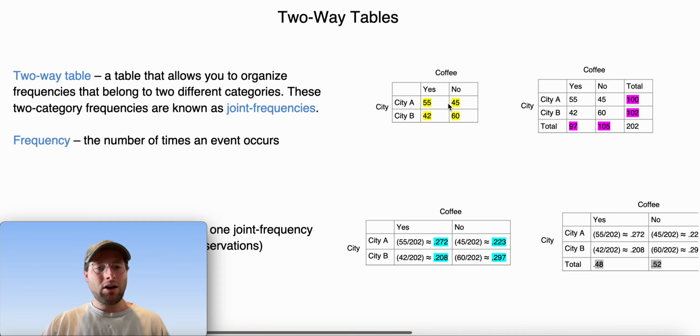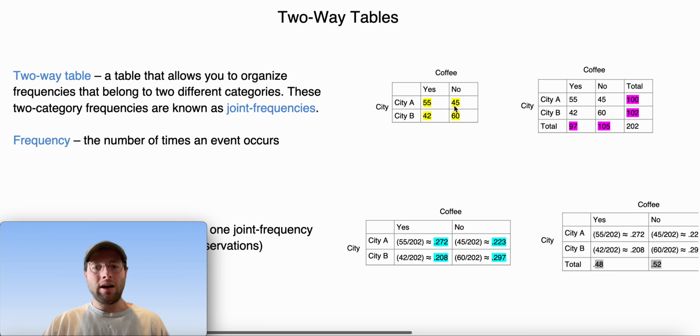And what we have here are the highlighted values. The highlighted values represent the joint frequencies because they are frequencies that belong to the two categories, coffee and city. For example, the 55 means that 55 people from city A said yes, they do drink coffee.